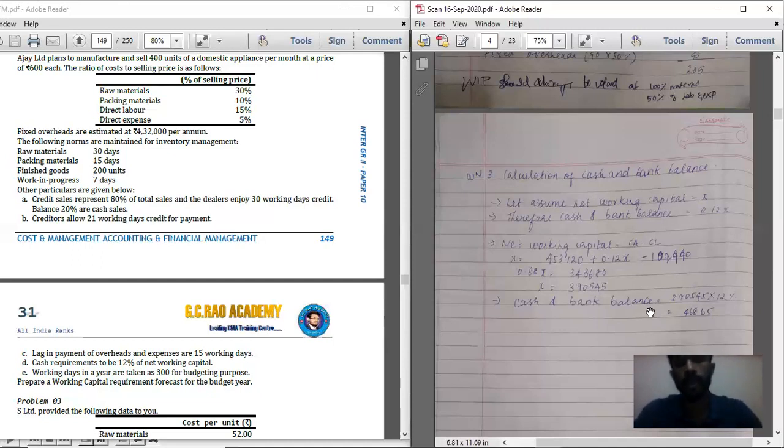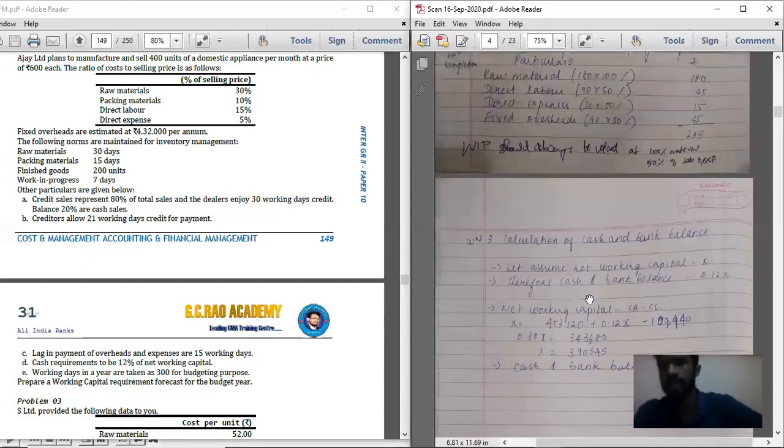So multiply X with that percentage, that is cash and bank balance. Substitute that in the net working capital formula, that is current assets minus current liabilities. So you will get net working capital and cash and bank balance. So here we found net working capital as 3,90,545 and cash and bank balance as 46,865.